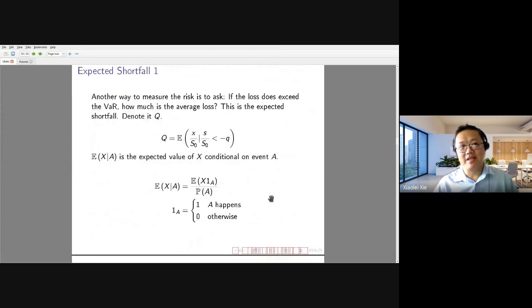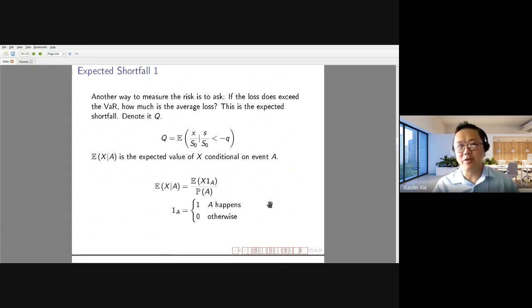Okay, next let's talk about the expected shortfall, which is considered a better risk measure as compared to value at risk. The question that is answered by the expected shortfall is, if the loss of our investment does exceed the level that we have computed from value at risk, how much can we expect this loss to be?